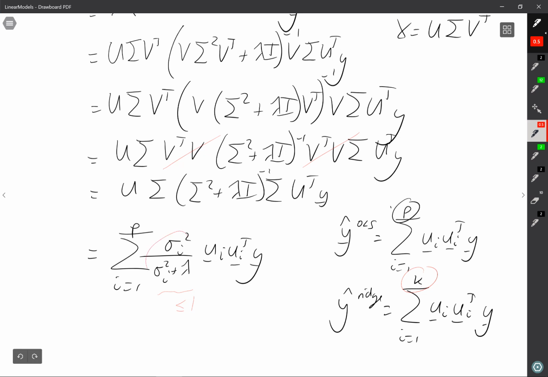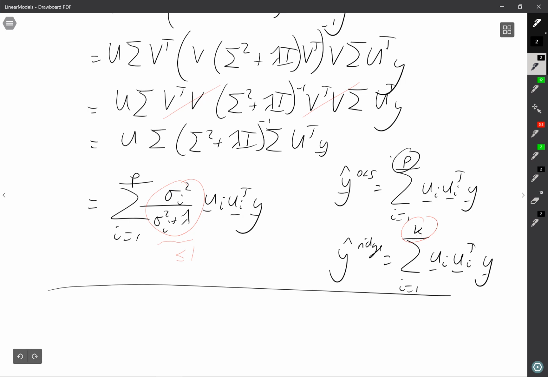Ridge regression takes a different approach and it shrinks the terms. And the amount of shrinkage we get here is going to depend upon the size of the singular values and lambda. So for large singular values, sigma_i large, these aren't going to shrink very much. Whereas small singular values are going to be dominated by the lambda in the denominator, and they're going to shrink a lot. Okay. So we get shrinkage more in the least important directions.